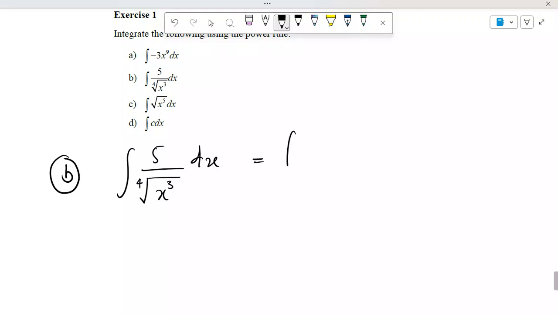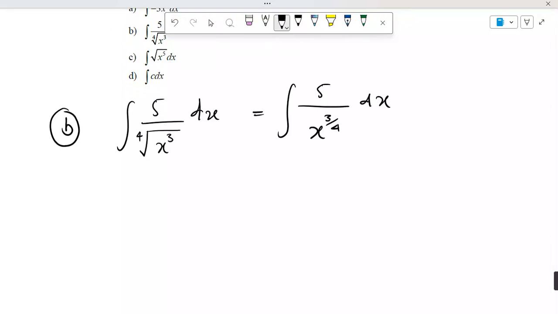We have 5 integrate x, the numerator is 3, the denominator is 4, dx. Great, we've done one thing. Next, I've said we can take out the constant. 5 is a constant, so let's take out the 5. We'll have 1 over x to the power 3 over 4, dx.